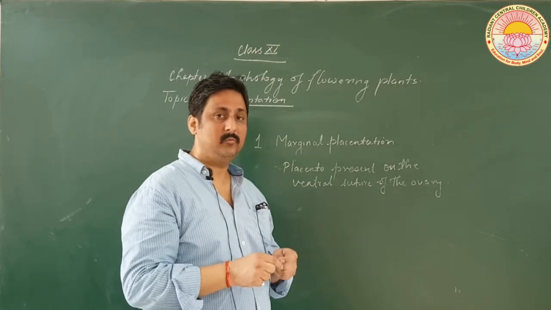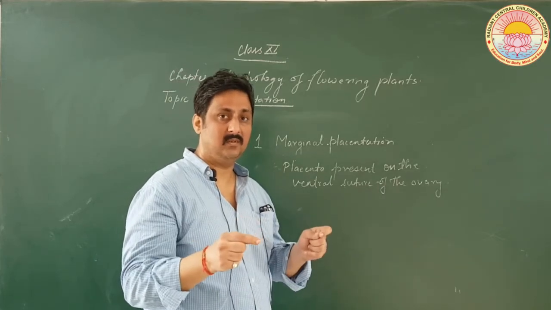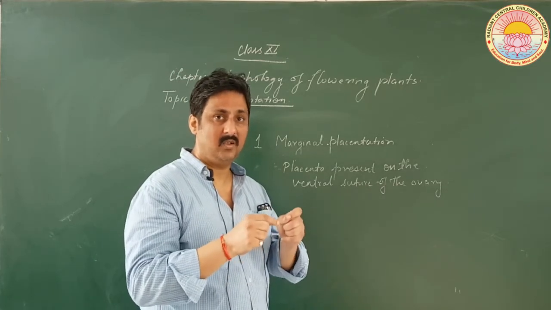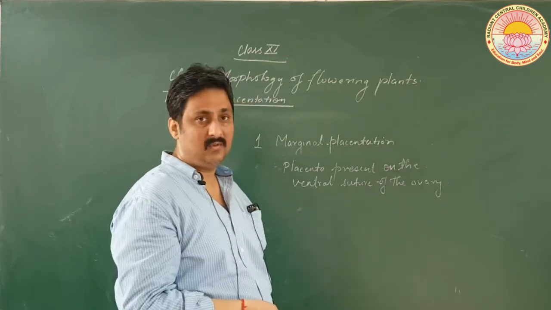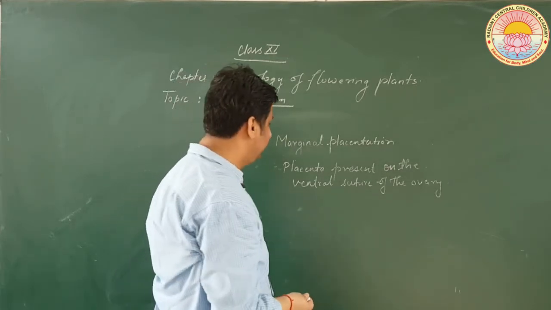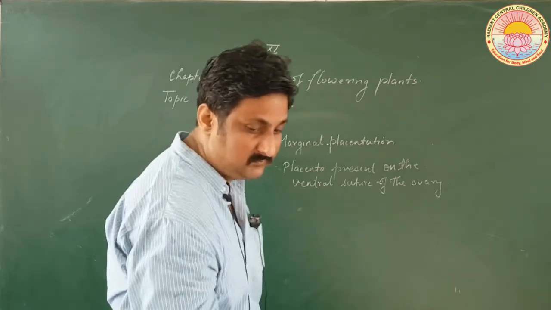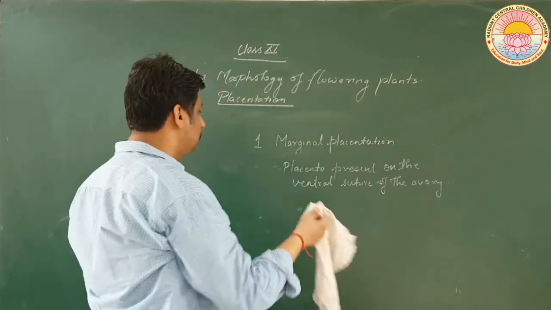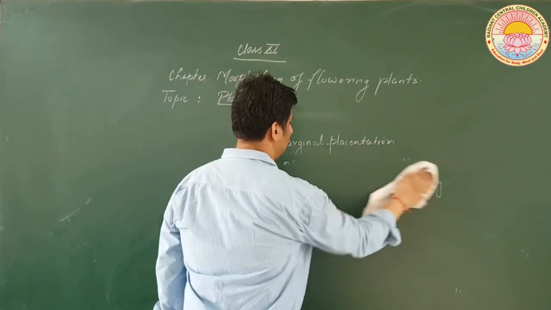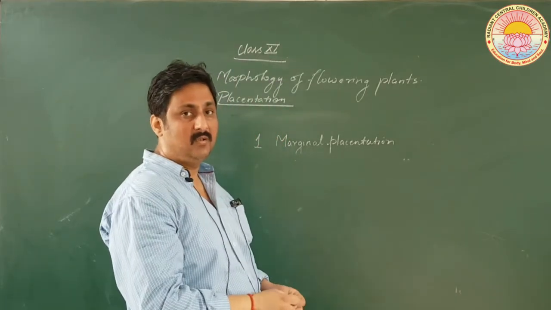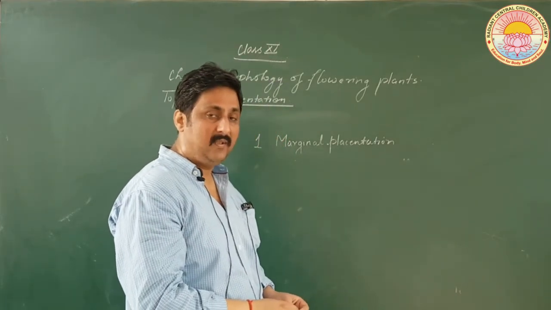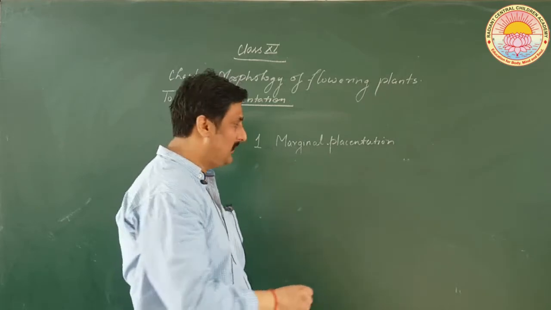That is, all the ovules arise from this ridge structure. The ovules are distributed along the ridge of the ventral structure. Then the placentation is called marginal placentation.